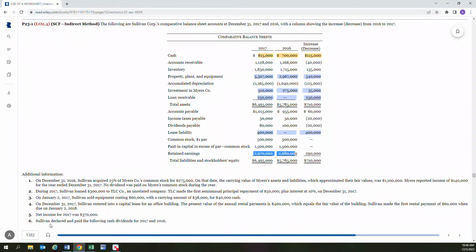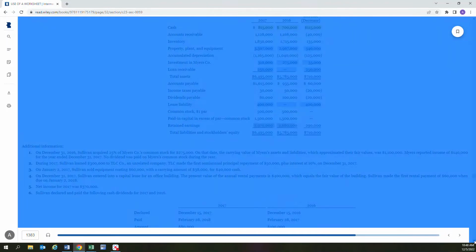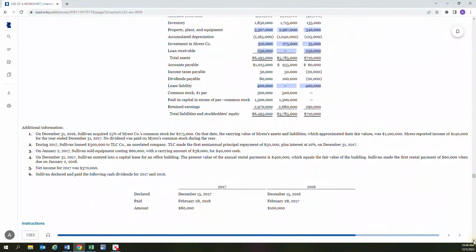The next item says Sullivan declared and paid the following cash dividends for 2017 and 2016. All right, let me scroll down a little bit. There we go.